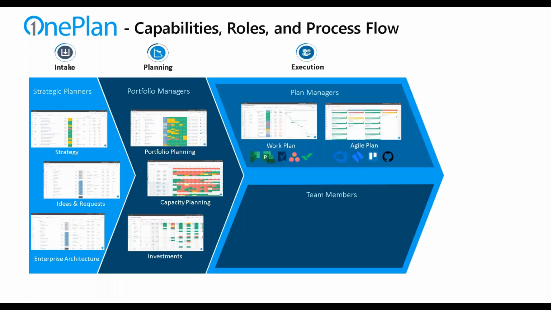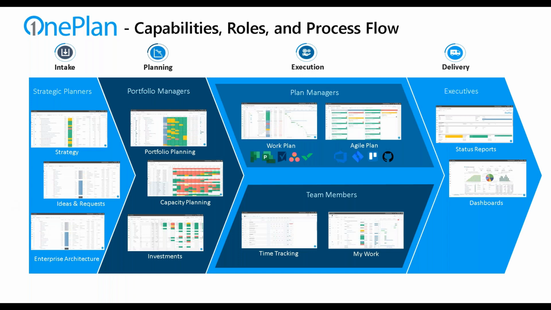So, quickly going to go through the capabilities of OnePlan before I get into the demonstration. This is a simplification of a life cycle where we are going to be defining strategy, and that's going to be reflected, deconstructed in intake of projects, initiatives, however you want to name them.